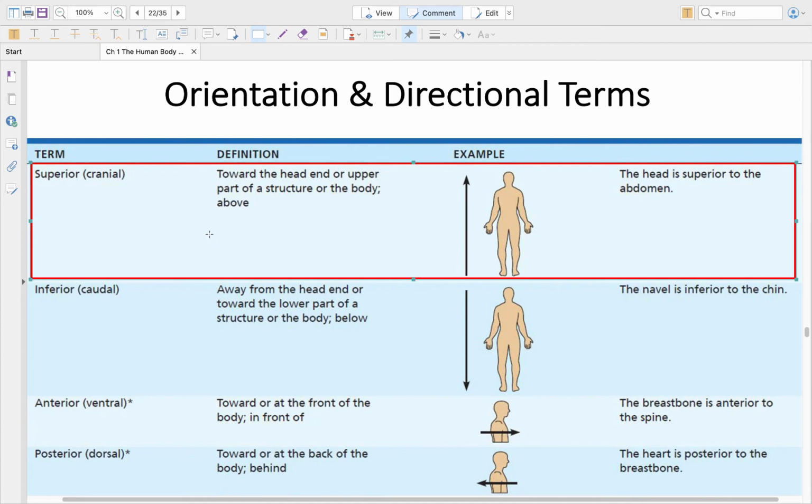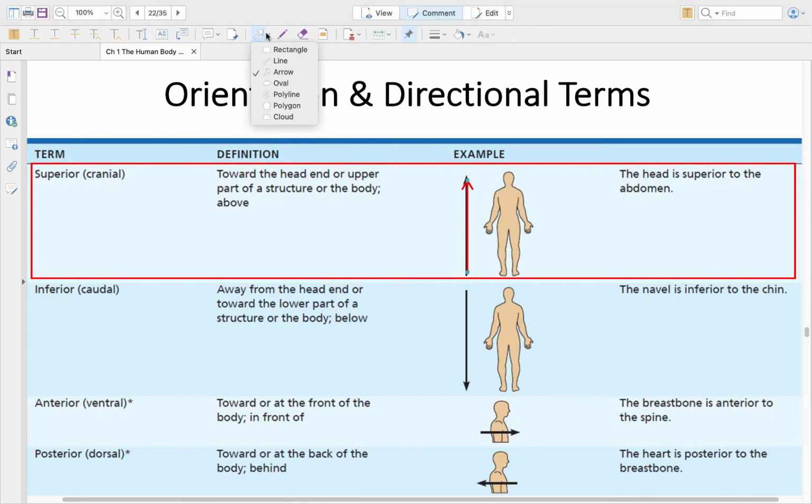And here, the term superior is similar in the sense that it means towards above, towards the head or upper region. So superior means above, upper body, the top, the cranium. See how this arrow is showing you upwards? Because that is what superior means. Easy, no big deal, right?